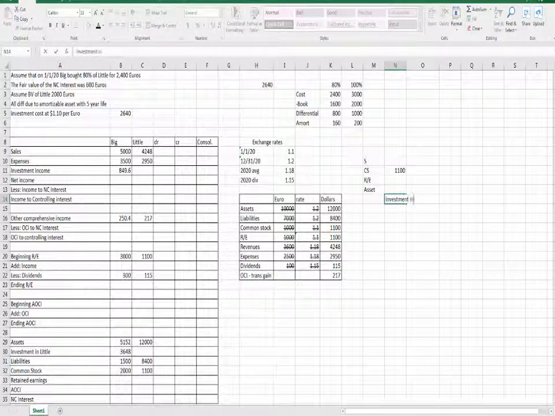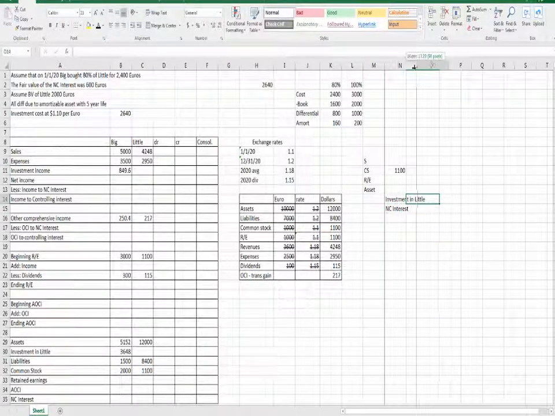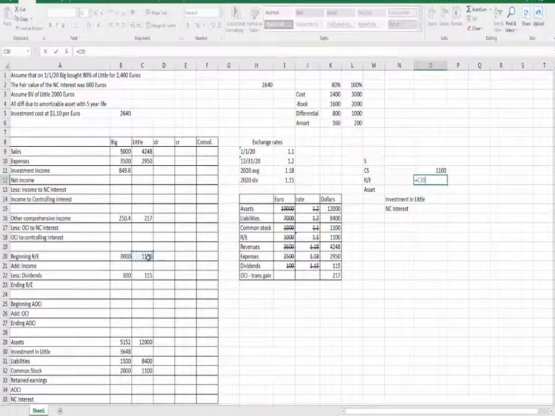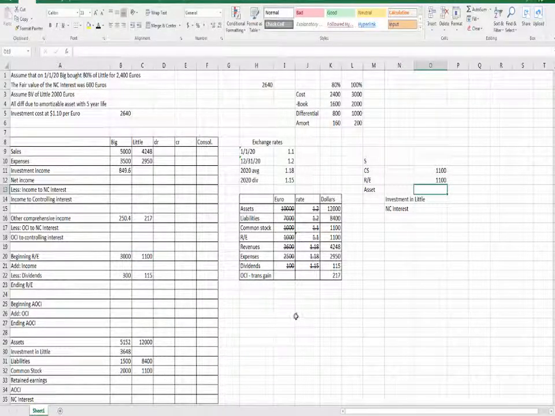That total is going to be split 80-20 between the investment in little and the non-controlling interest. Beginning retained earnings, 1,100, common stock, 1,100. The asset, again, we had a $1,000 differential asset.